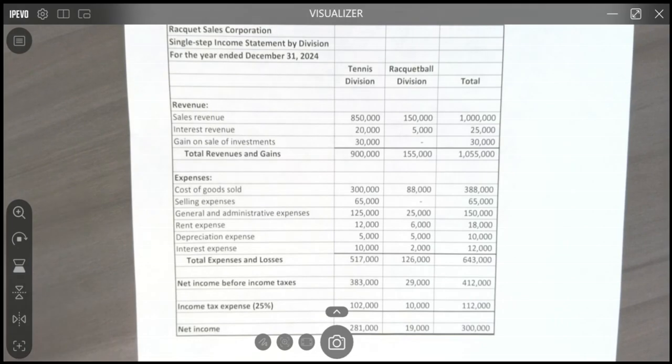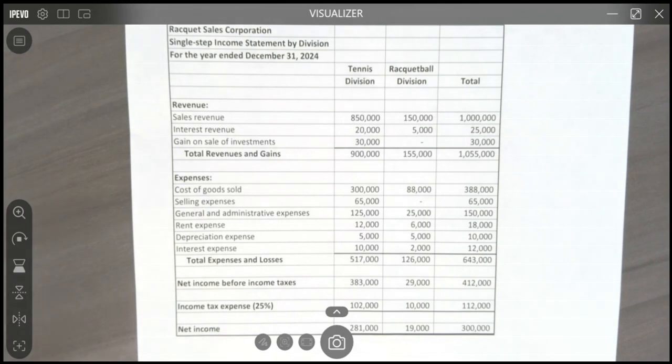Now it's going to become very useful because we're going to use this information to prepare our income statement with the existence of discontinued operations. Remember that it said to do it in a multiple step format.